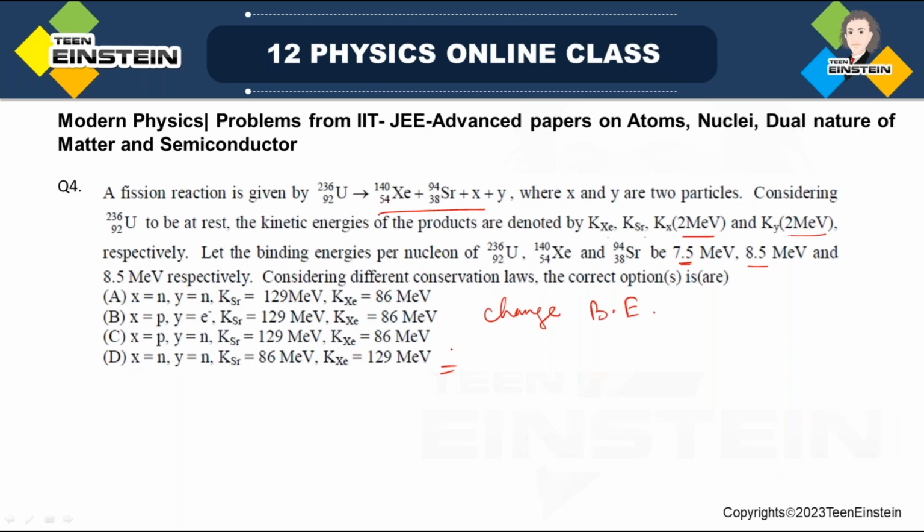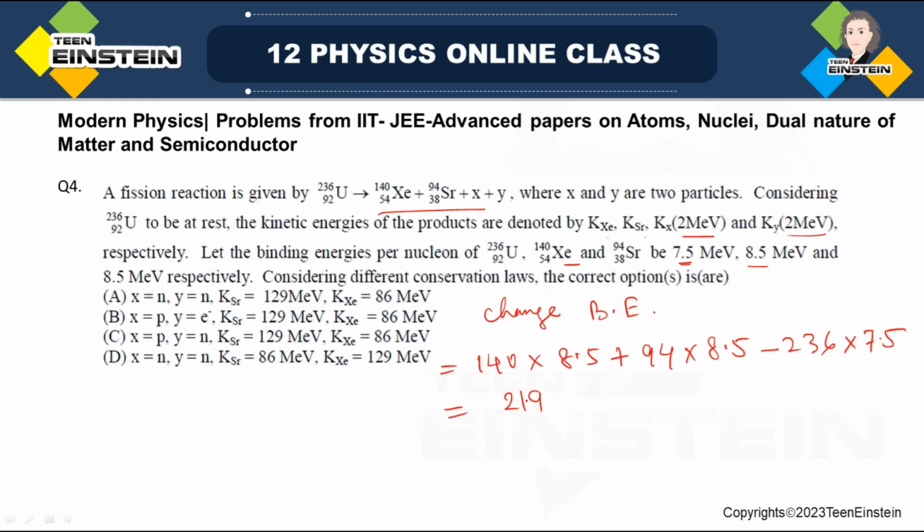So binding energy of xenon has 140 into 8.5 MeV plus strontium has 94 into 8.5 minus 236 into 7.5. If you do this calculation, you'll get 219 to be the total kinetic energy.